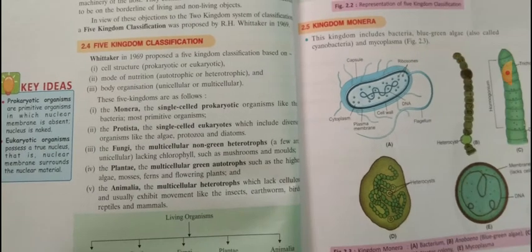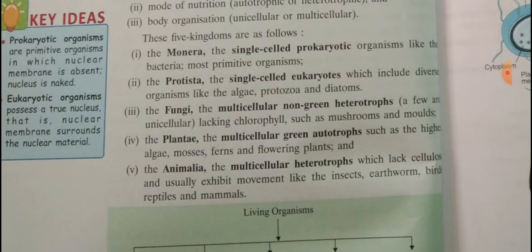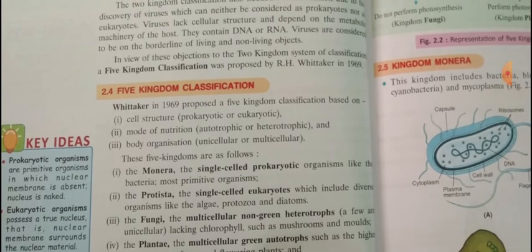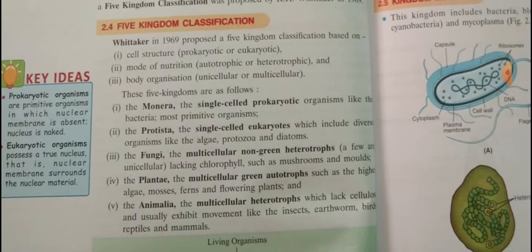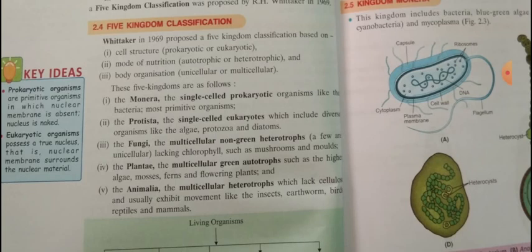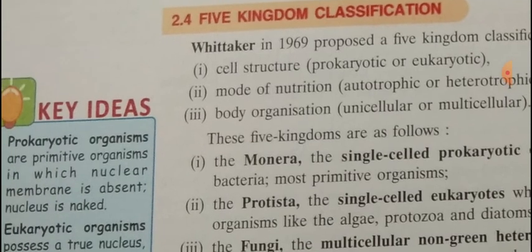Now, the five kingdoms were Monera, Protista, Fungi, Plantae and Animalia. Now this new classification was given by R.H. Whittaker in the year 1969. Okay. Now we will learn about this in detail, because now the classification is properly done keeping in mind these three basic characteristics, and then it was classified amongst five kingdom groups.